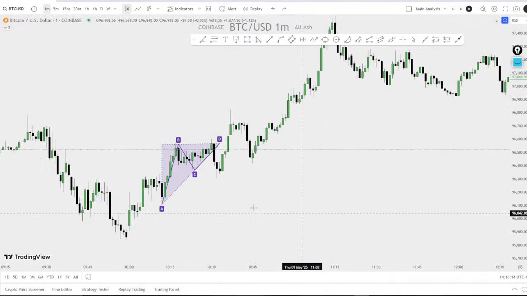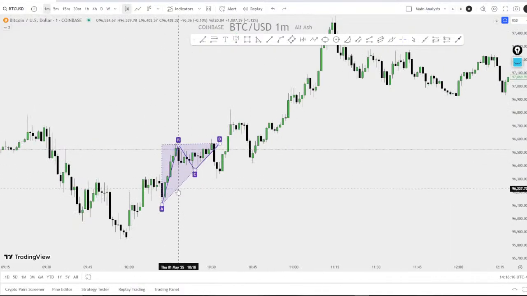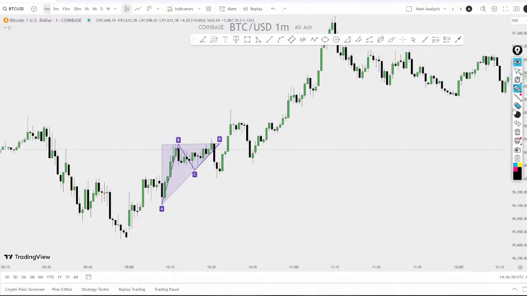So here you can see we have the pennant, and we have this M structure, and then was the BUS, and this is the fake BUS. As I told you, the market will provide a fake out. So this is the fake out.